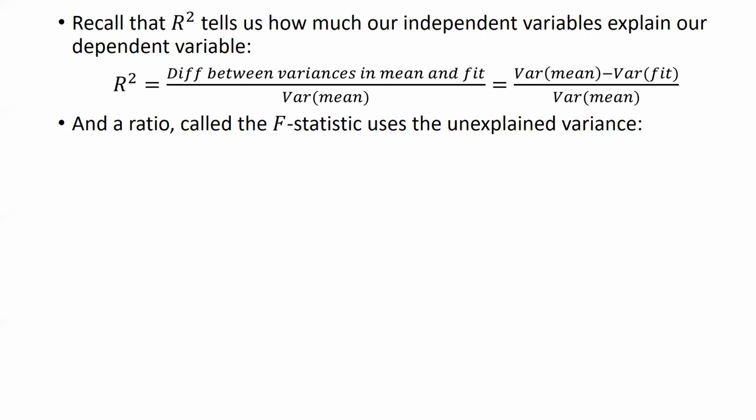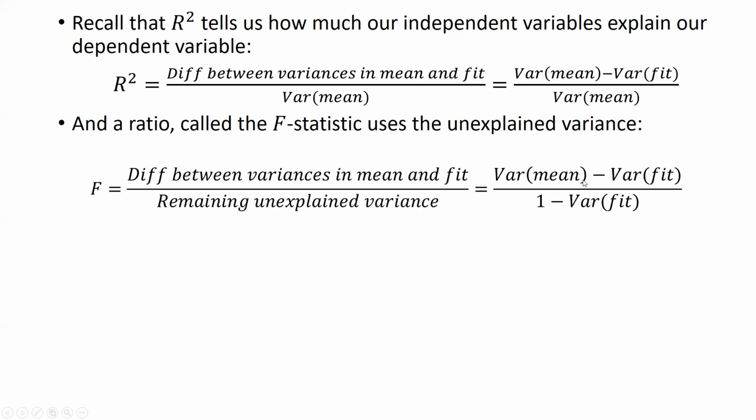And we need to introduce something called an F statistic, which will become a distribution. If this was the explained variance, the F statistic uses the unexplained variance. So F is the difference between variances in mean and fit, as above, divided by the unexplained variance.